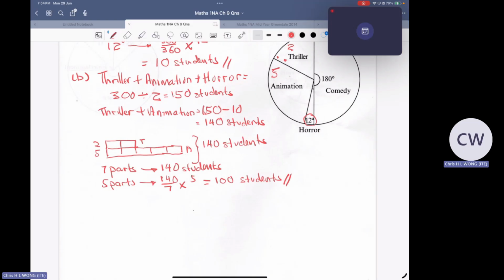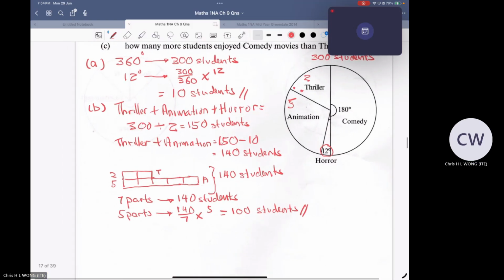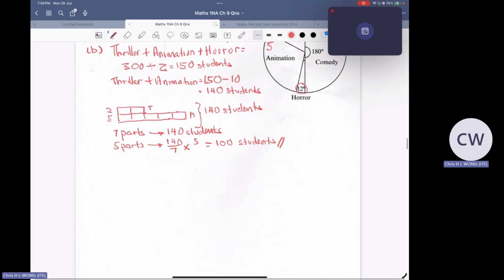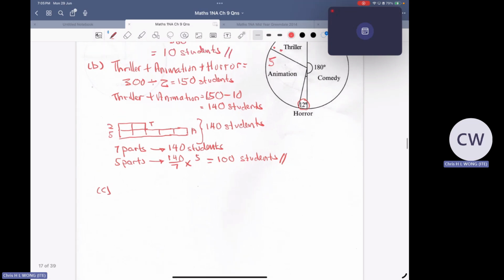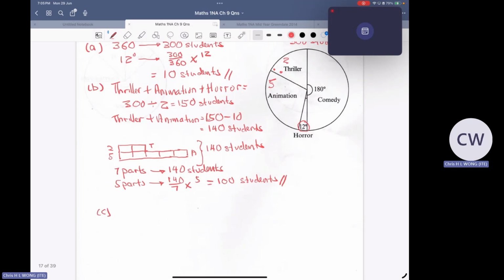For the third question, what are they asking? How many students enjoy comedy more than thriller? All you need to do is to find out how many students are in thriller, then you minus, isn't it? So for C, I know that thriller plus animation is 140. I know the animation is 100. Thriller, I just take 140 minus 100, right?